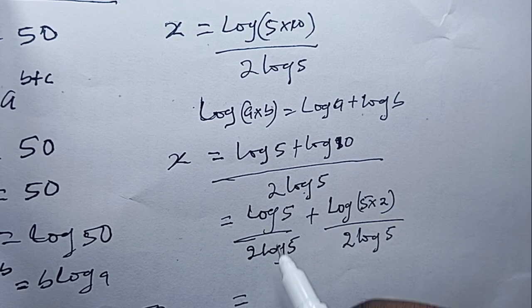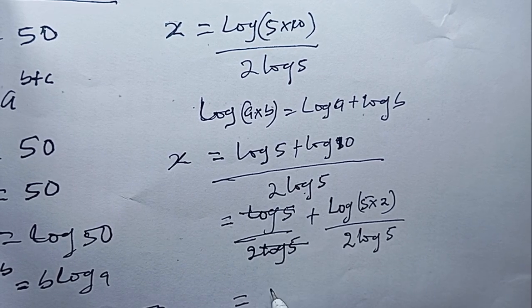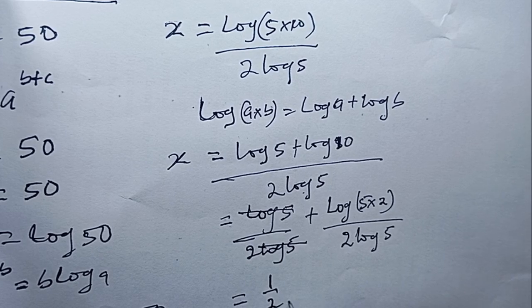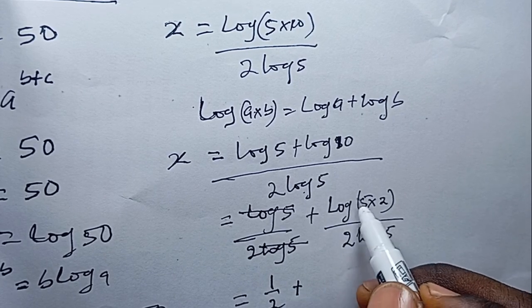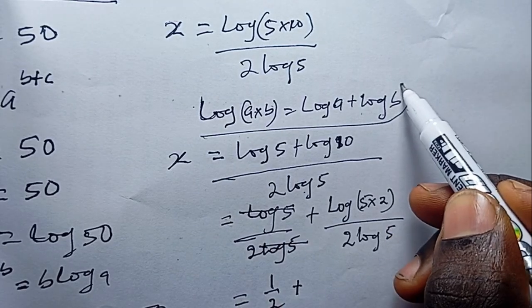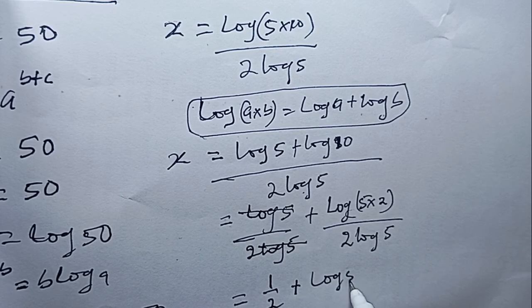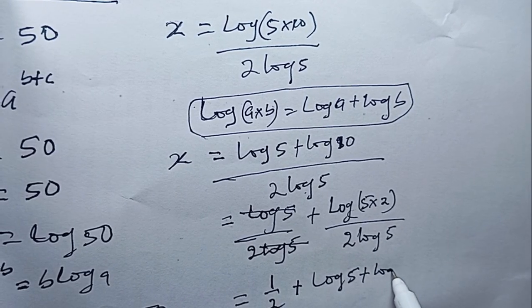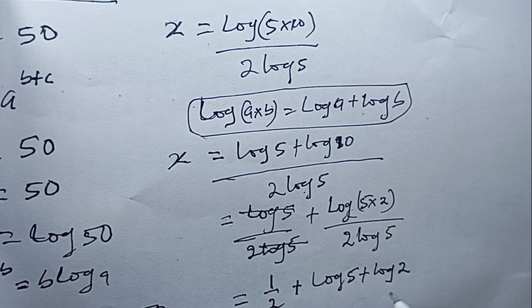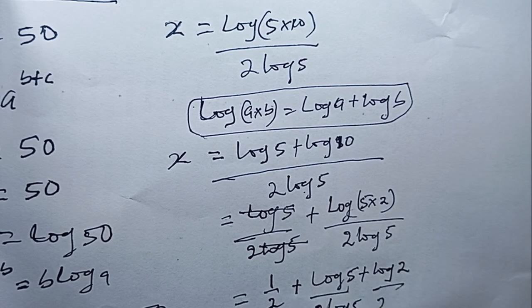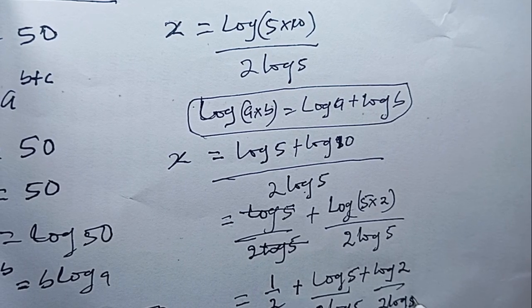Moving on, this log 5 will cancel this, and then I'm left with 1 over 2, plus I can still use the same rule to expand the numerator here. So I'm going to have log 5 plus log 2, so I can use 2 log 5 to divide each of them.